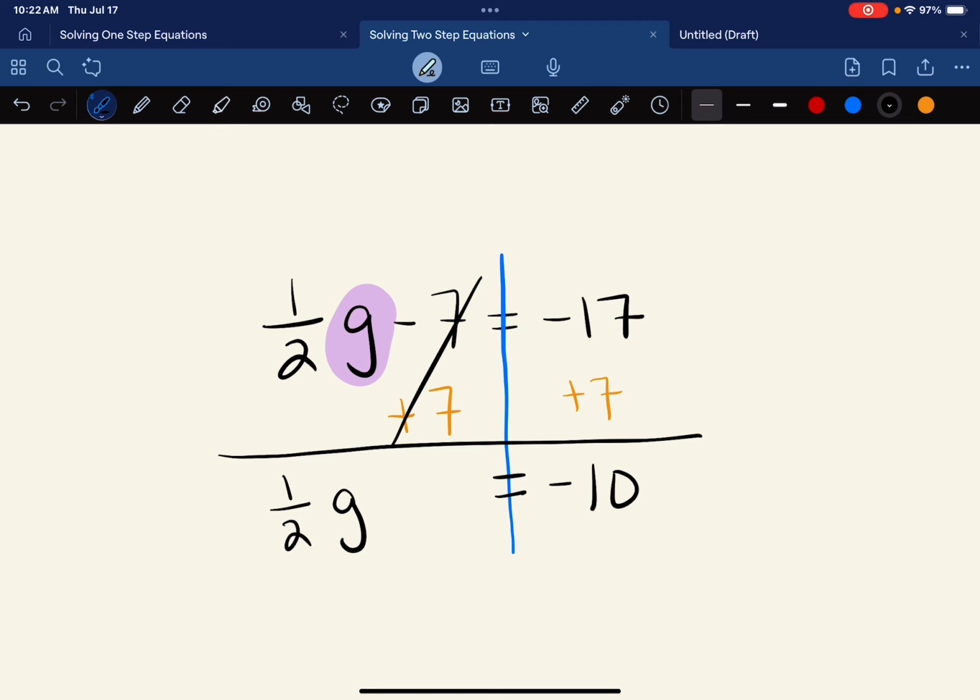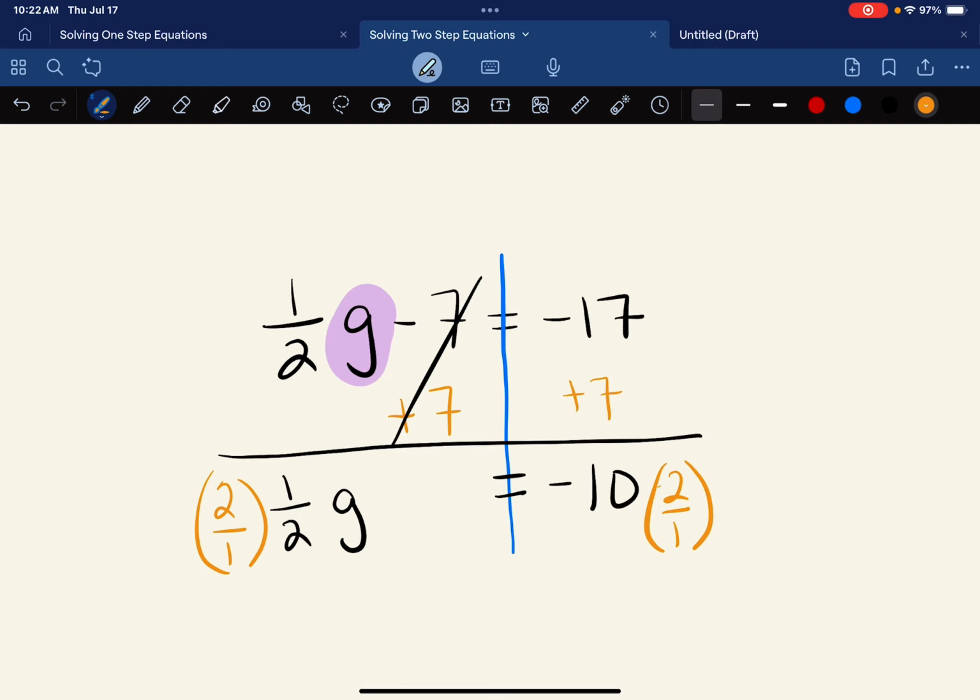And hopefully you remember in our last video, anytime you're trying to clear a fraction, I would be dividing by 1/2. But dividing by a fraction is the same thing as multiplying by its reciprocal. And the reciprocal of 1/2 is just this fraction flipped, so 2 over 1. So I'm going to multiply both sides of my equation by 2 over 1.